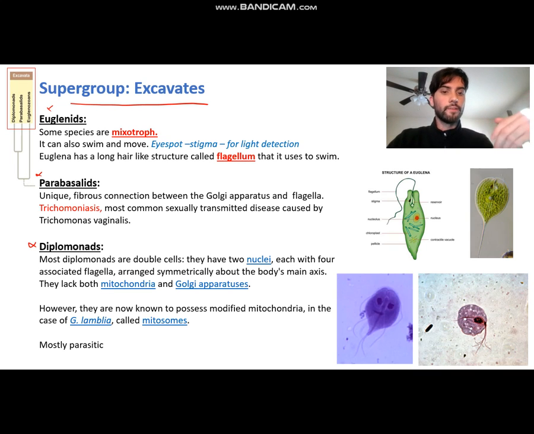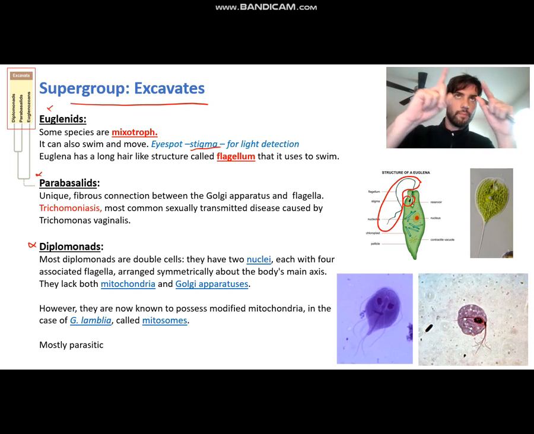So they can get their energy from sunlight, but also they are predators. They have this flagella that helps them to swim, and they have an eye spot. That's a photoreceptor called stigma. That's here in the mouth entry, basically. So they can detect shadow and light.